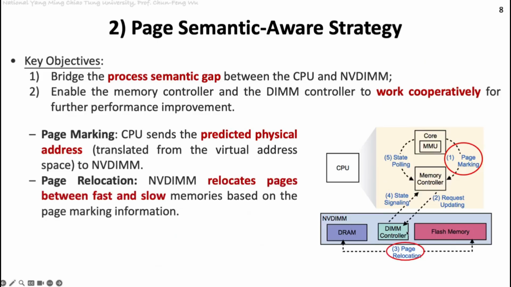Patch relocation is quite simple. After getting the information from the outside CPU, the DIMM controller can know which physical address we are going to relocate. We move data from flash memory to the DRAM, and move some data from DRAM back to the flash memory.